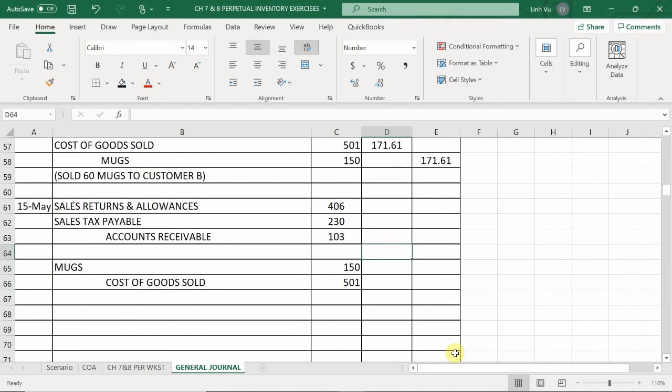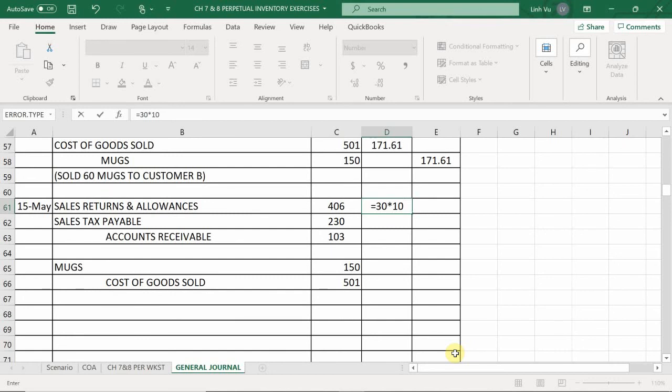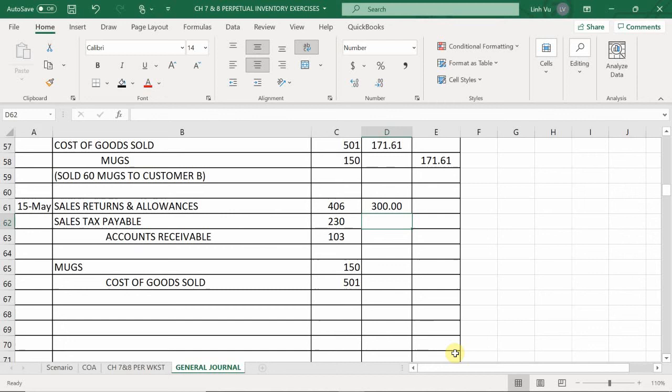Okay, so let's focus on the sales first. In this case, if we originally sold each cup at $10 each, and he wants to return half of it, which is 30 of them, what is your total amount of sales returns and allowances? $300.